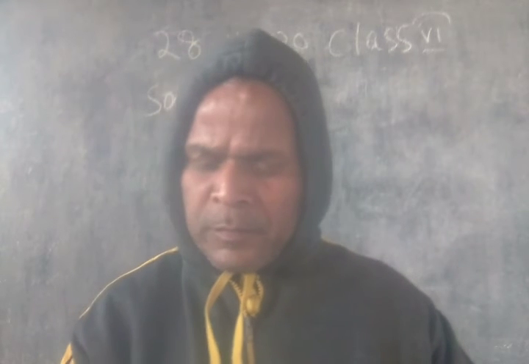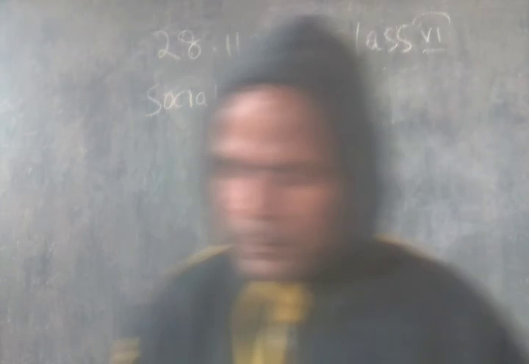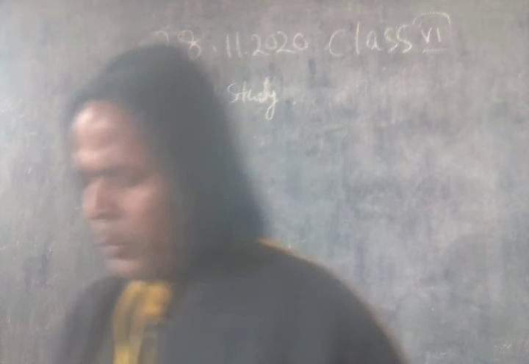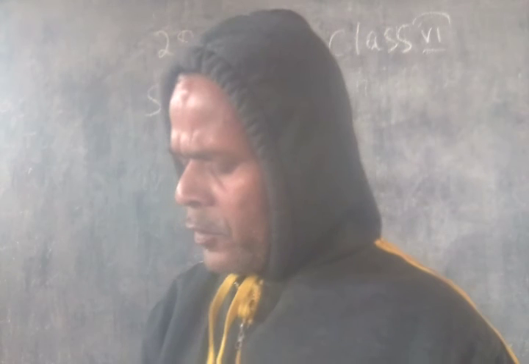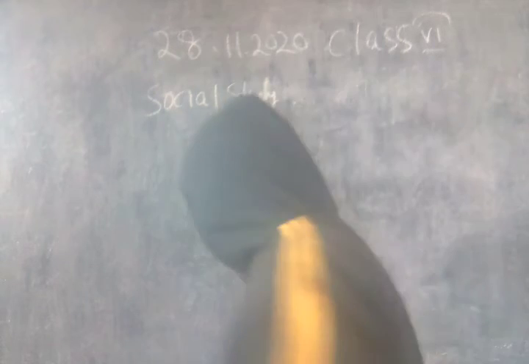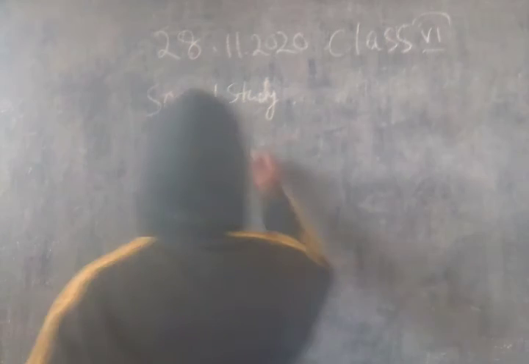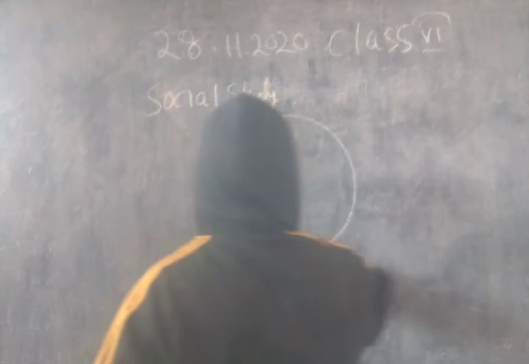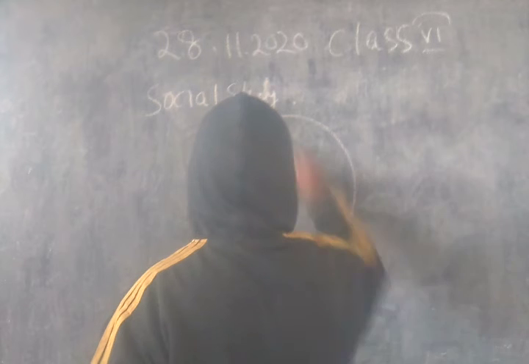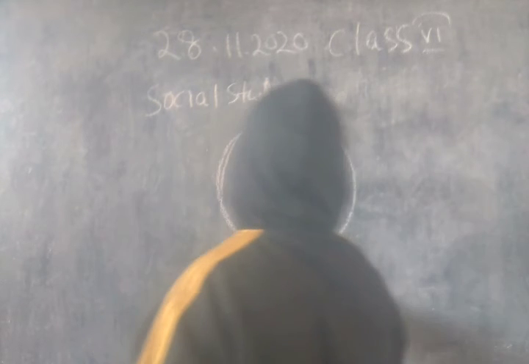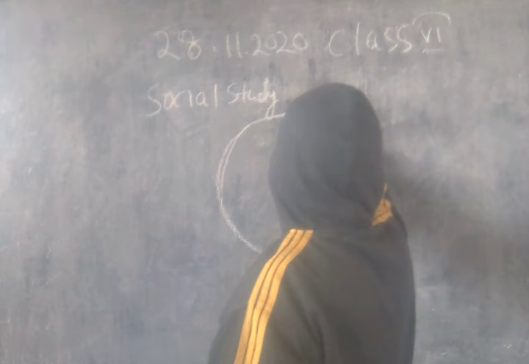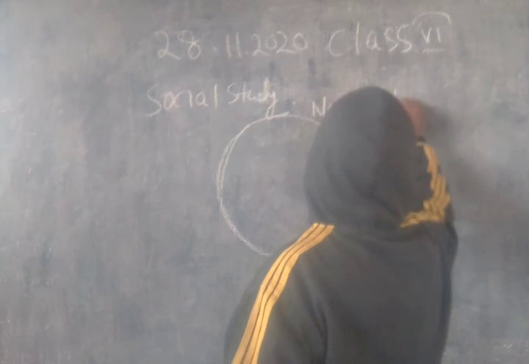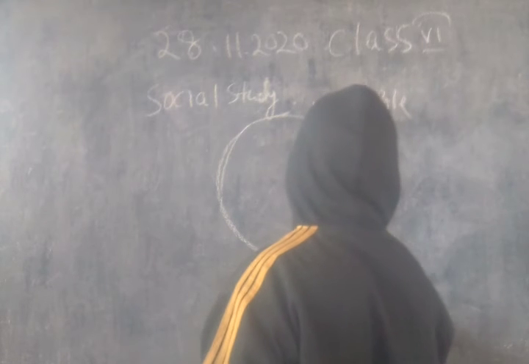So, you know that the Earth, and this small model is called the globe. I am drawing the picture. This is Earth. And here are two poles: the North Pole and the South Pole.